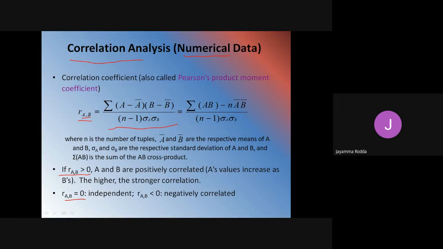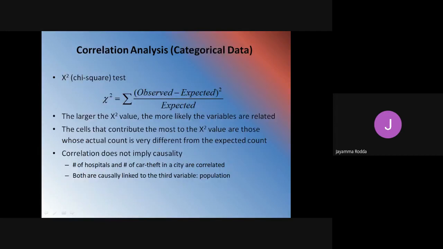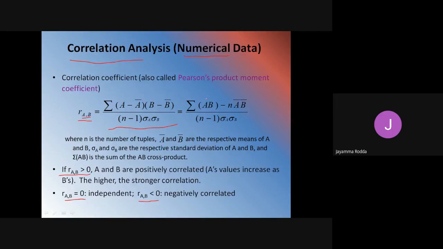They are two different attributes. If R_A,B is less than 0, they are negatively correlated. This is what we identify with correlation analysis.